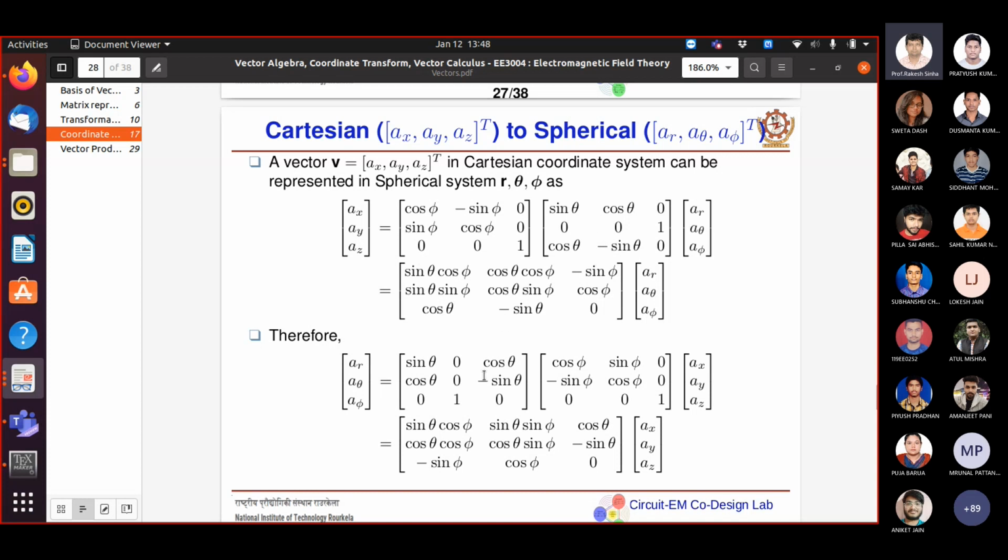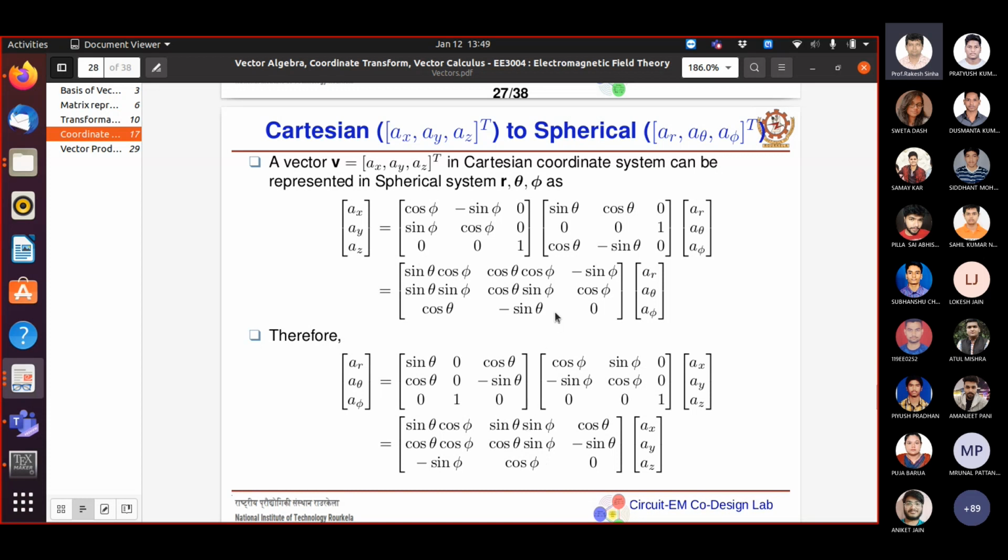This is also done, and you can see that this inversion is nothing but basically the transpose. So you have the transpose of the theta rotation. And if you clamp together, then you will get this value. Another property is this: this matrix and this matrix are basically the transpose of each other.